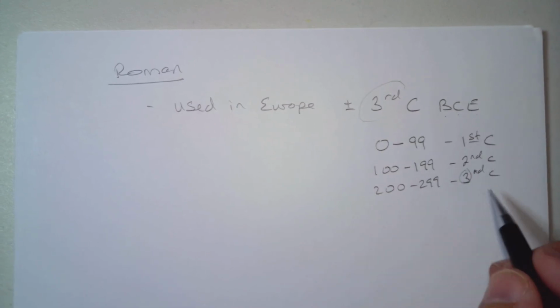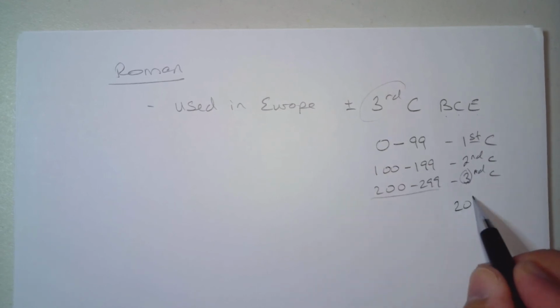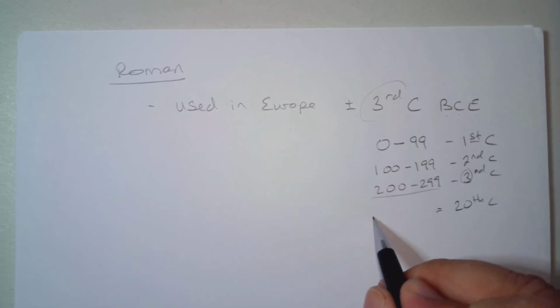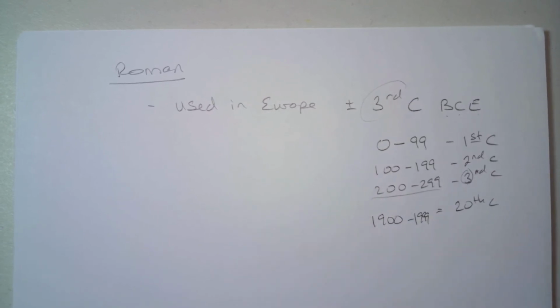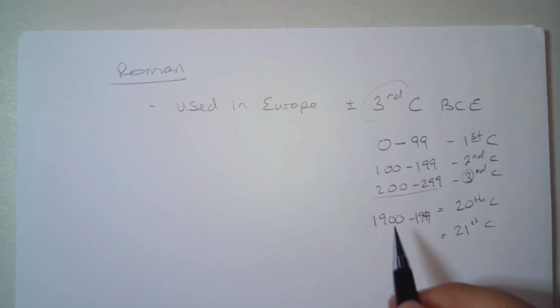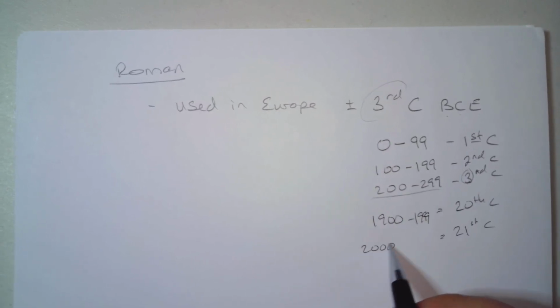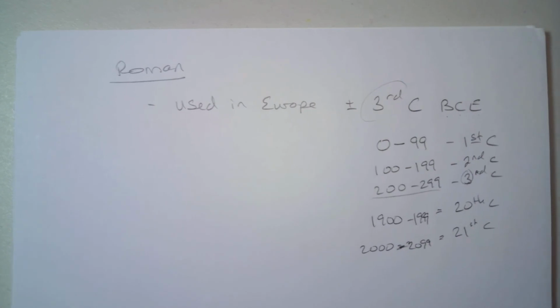So whatever number there is, subtract 1, and that's right. So the 20th century is from 1900 to 1999. The 21st century is from 2000 to 2099. Which is where we are now, in the 21st century.